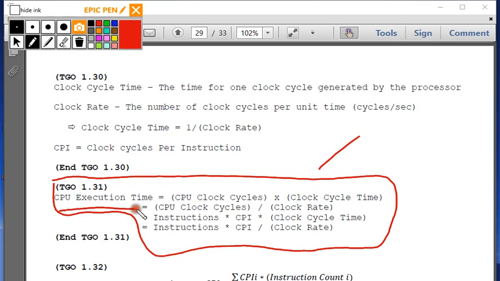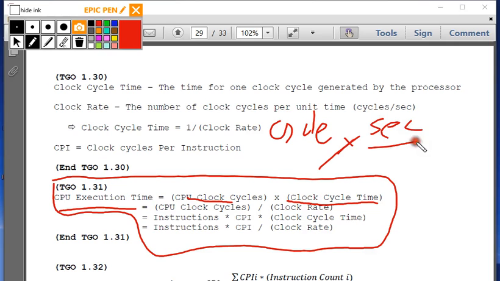So CPU execution time. You're going to have a number of different instructions with a number of different clock cycles per instruction. Based on the clock cycles per instruction, your clock rate and cycle time, you can calculate how fast the program is supposed to perform. Here we have CPU clock cycles times clock cycle time. Cycles times seconds per cycle.